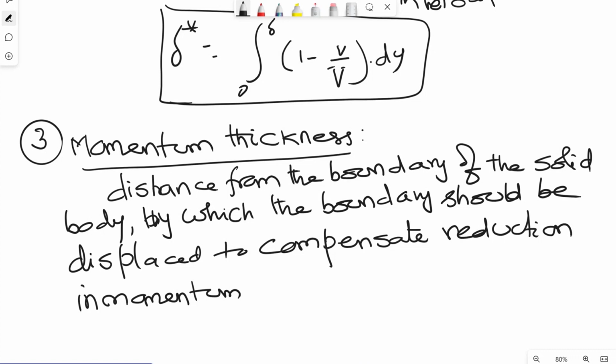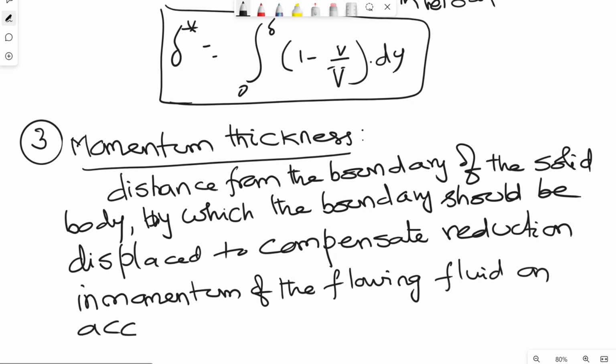To compensate the reduction in flow rate, how much we shift the boundary is the displacement thickness. Now naturally when the velocity is reduced, its momentum, mass into velocity, is also reduced. To compensate the reduction in momentum of the flowing fluid on account of boundary layer formation.